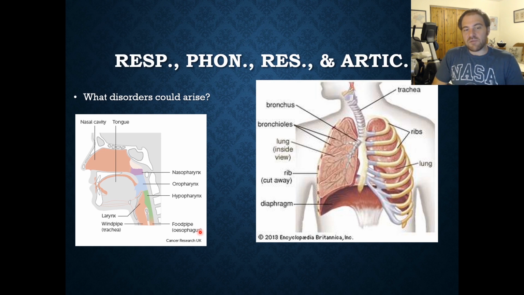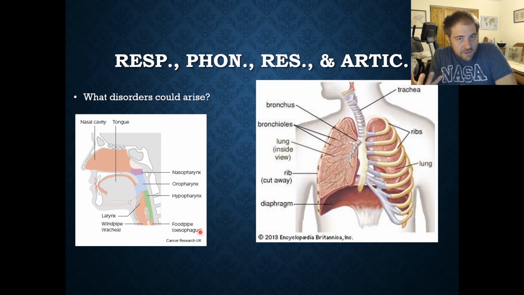If you had problems with phonation, if you weren't able to keep your vocal folds closed all the way, you might get a very breathy voice. So instead of just a regular sound, you might end up with a breathy one like that. So there's air escaping aside from the sound that's being created. And then you can also have problems when your vocal folds are pressed too tightly together, and that can create a creaky voice sound like that.